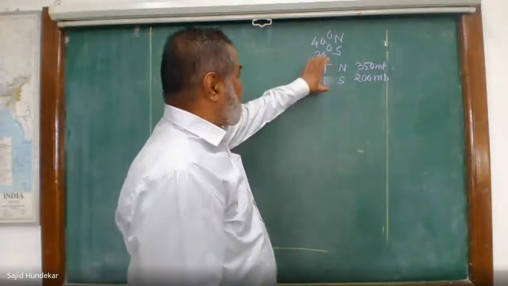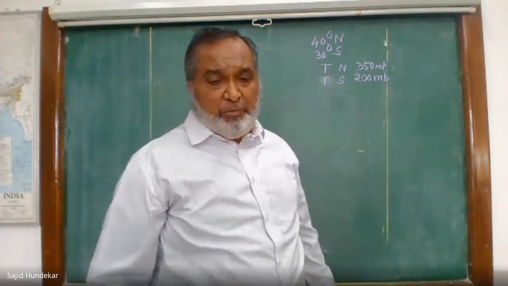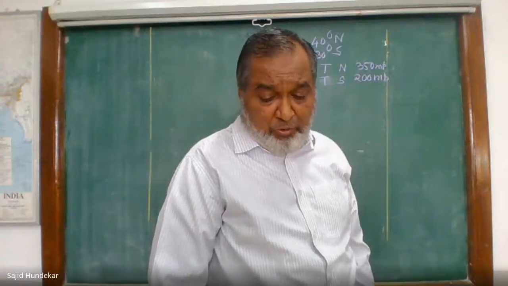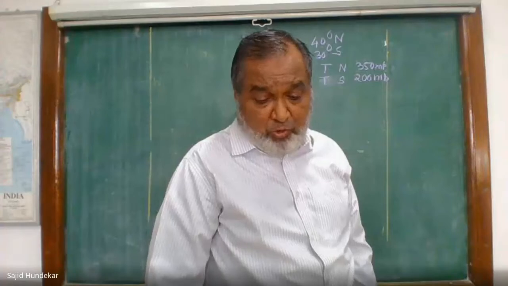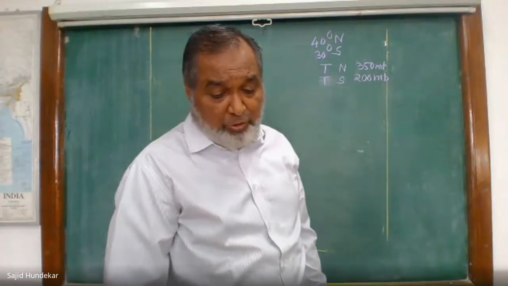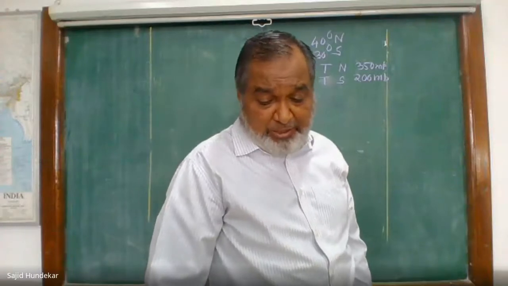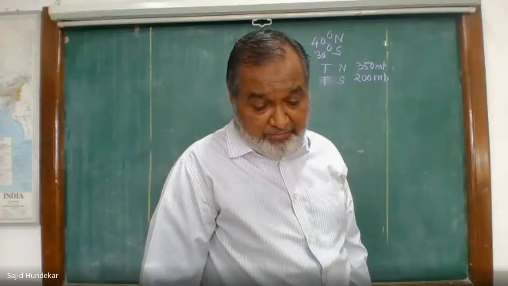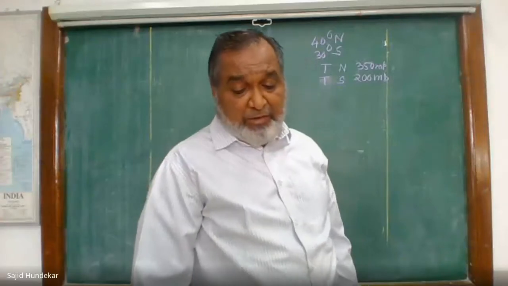Use the short form. This is the way you can construct your problem. So here a hill has a slope of 40 degree towards north, 30 degree towards south. Top junction of sandstone bed is exposed on northern slope at a distance of 300 meters and on the southern slope at 200 meters. Now what is the third point given?